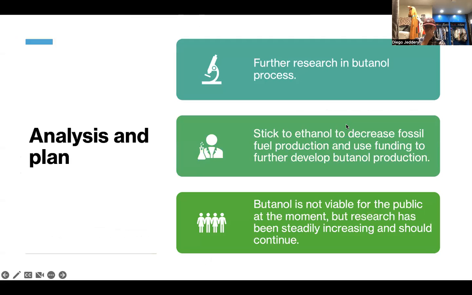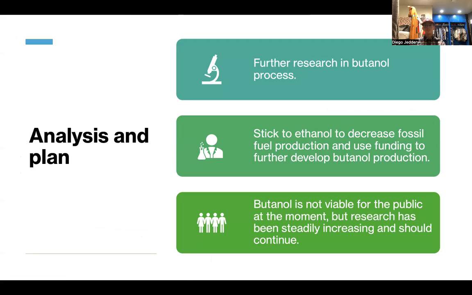So for the analysis, well, right now we need to just have further research into the butanol process and find ways to jump over and overcome the challenges that there are. For right now, I would say to stick to ethanol to decrease fossil fuel production, as that is the main focal point for biofuels.